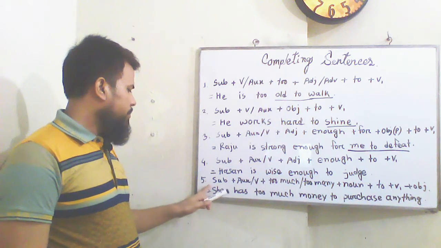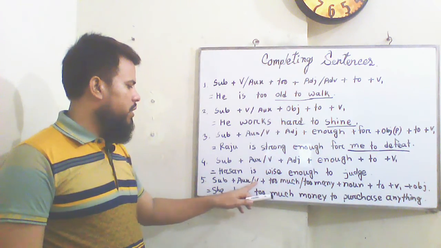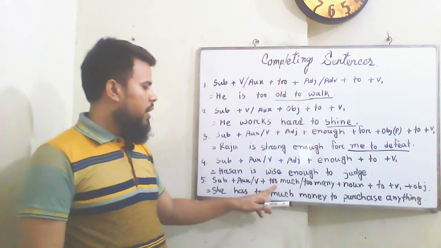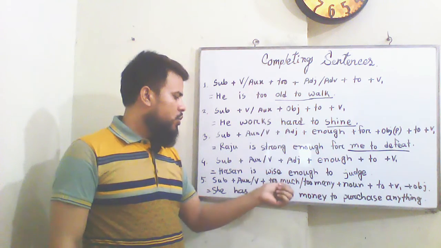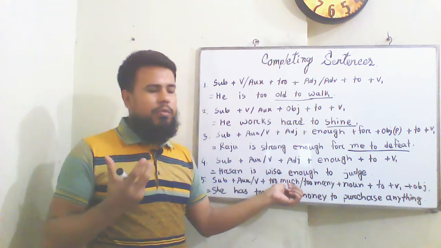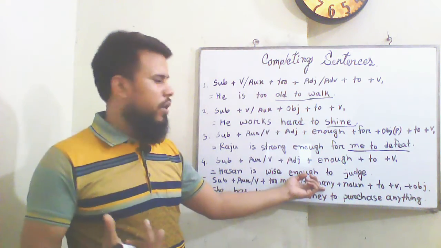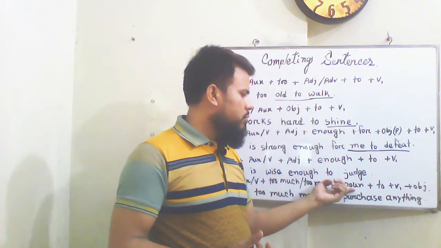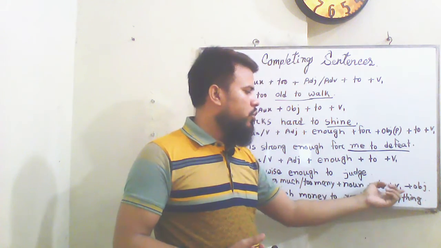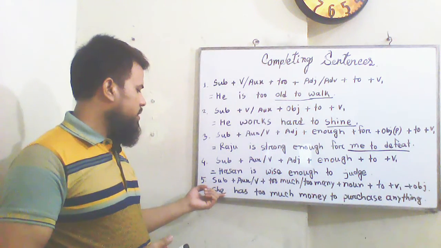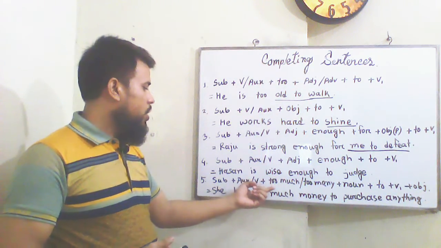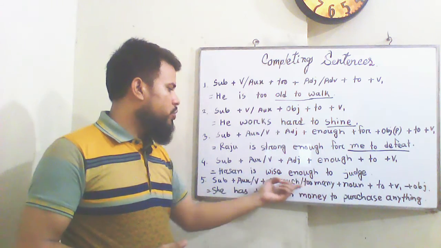My next rule: subject, then auxiliary, then verb, that is main verb, and then too much or too many. We may say that too much is for uncountable nouns, too many for countable nouns, and then noun, and then to, and then verb 1, and finally object. For example, subject she, auxiliary has, and then too much or too many.